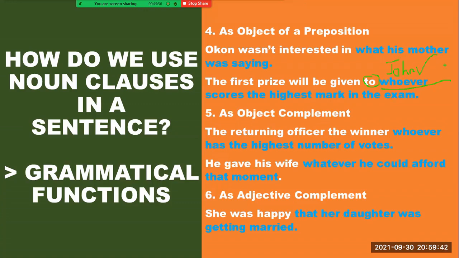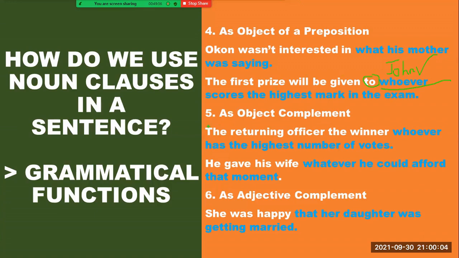Grammatical or not? Of course, it is grammatically correct. And so that shows us exactly what a noun clause is. A noun clause is a group of words or a subordinate clause, if you like, that can replace a noun in a sentence. Okay?